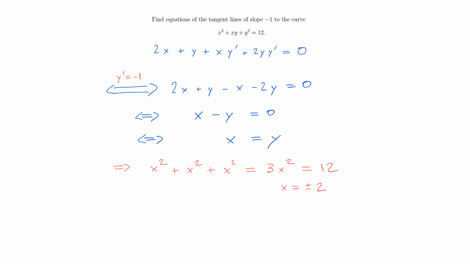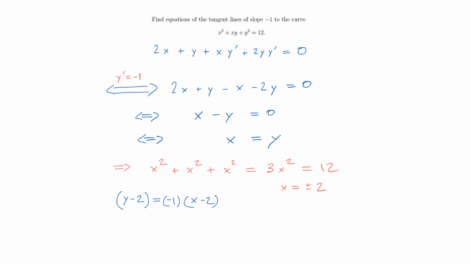So we can use the point slope form of a line and complete our problem. So writing down the equations that the problem is looking for, we'd have y minus 2, we'll use the point 2, 2 first, equals the slope, which is minus 1, and then the x-coordinate, so x minus 2. That's one of the equations of the tangent line, and the other one would be at the point minus 2, minus 2.